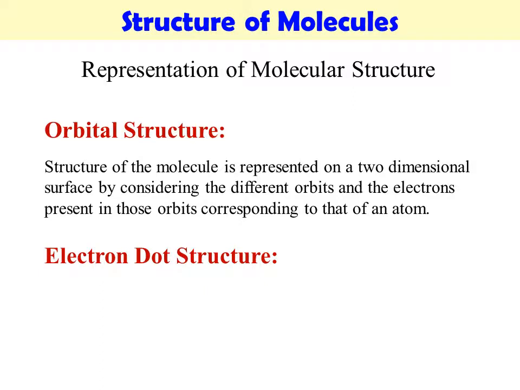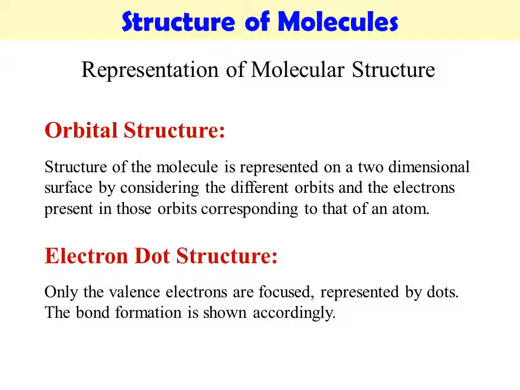Now, what is an electron dot structure? Only the valence electrons are focused on, represented by dots. That means in this structure, we only focus on the valence electrons when representing the structure of the molecule.